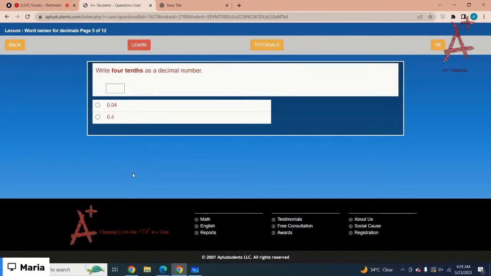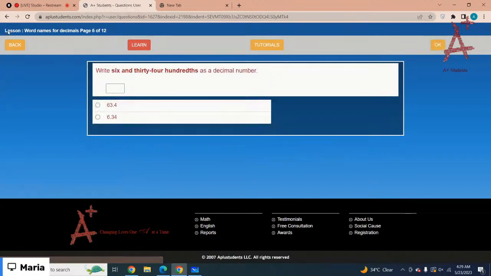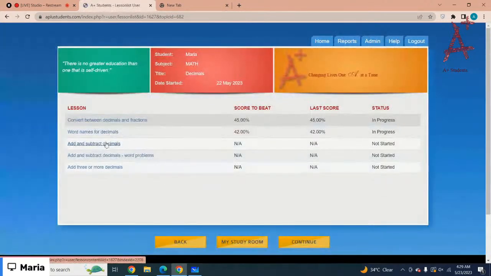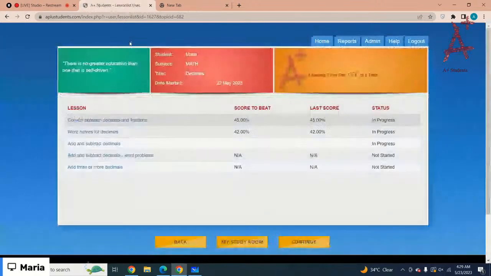So it would be 0.4. Got it? Okay, you can complete the test by yourself later today. Let's just move on to the next lesson. And the next lesson is add and subtract decimals. So how do we add and subtract decimals? Okay, use the workbook or do the lessons below for more practice. So the lesson is moved to the next grade. Got it?